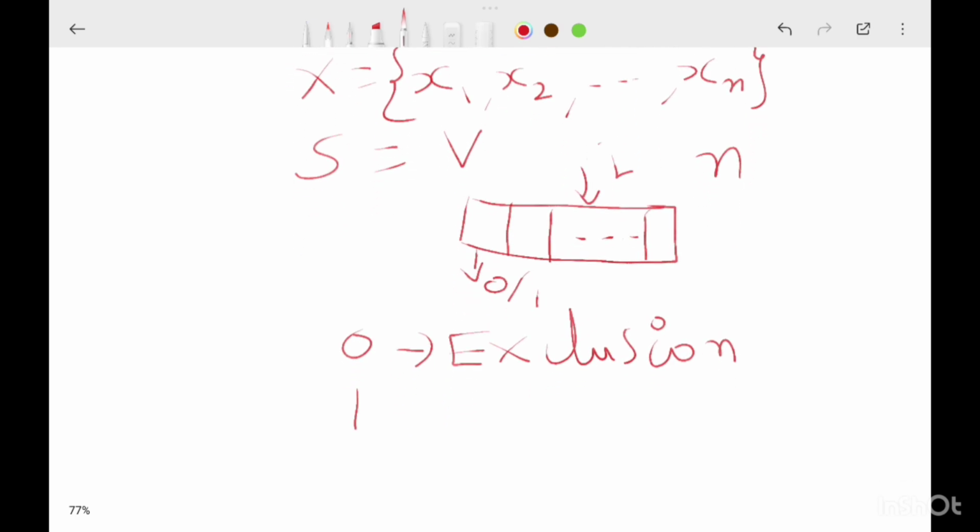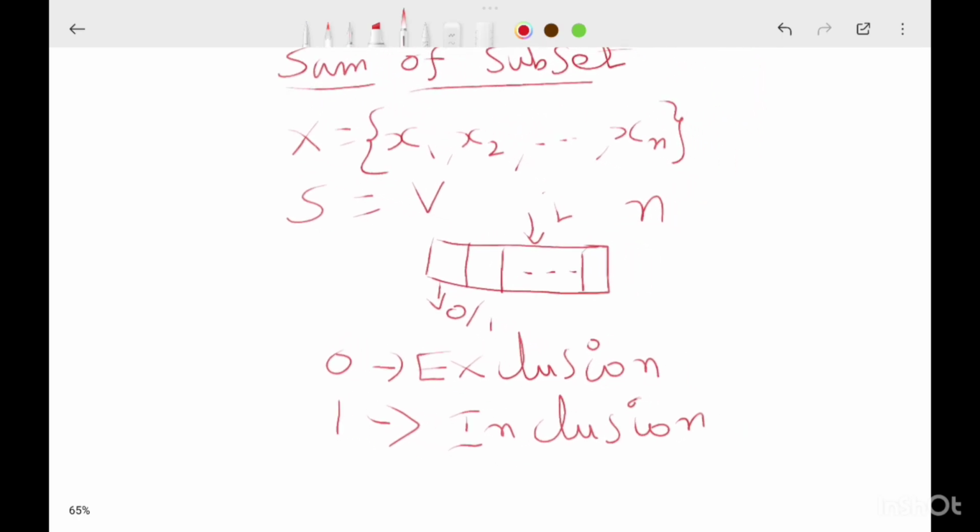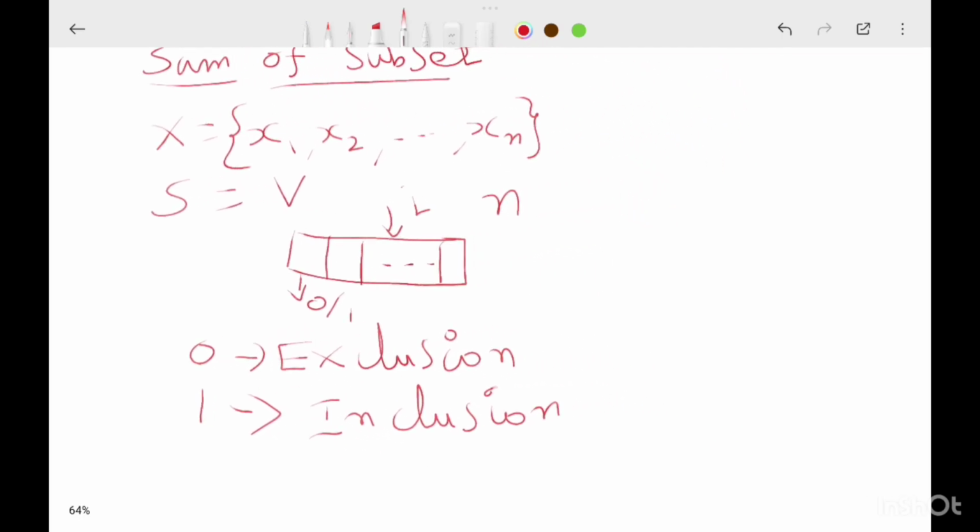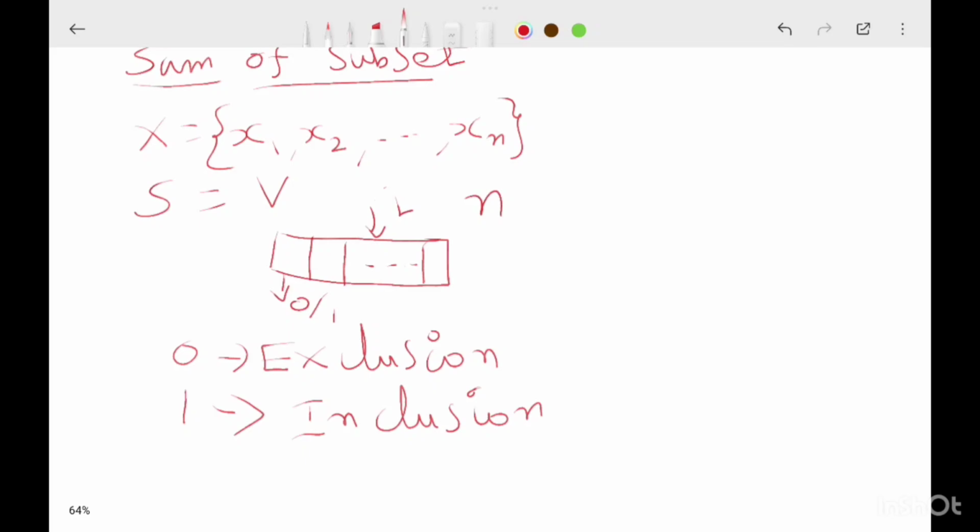If the value of the ith index in the result set is 1, it means inclusion. So inclusion means that the value stored at the ith index in the input set x is included in the result. Suppose the size of the input set is 3. The output set also has 3 values.